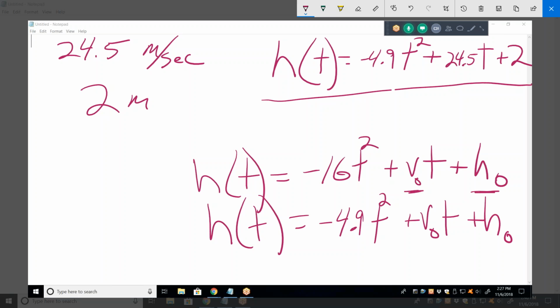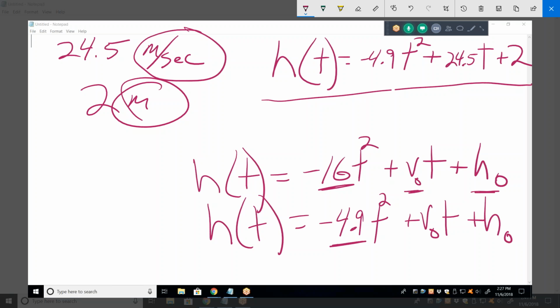In other words, the only difference is that the constant is different. Well, you want your velocity to be in the same units. It looks to me like your velocity is in meters per second and your height is in meters, so you don't want to put in miles per minute there. That's completely different units.